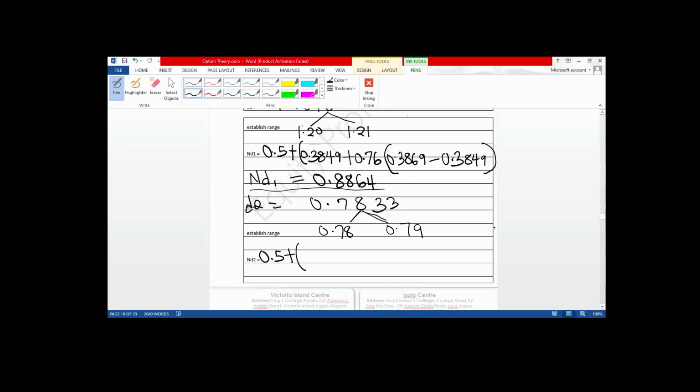Open a bracket. Now go to the table. Check 0.7 under 8.